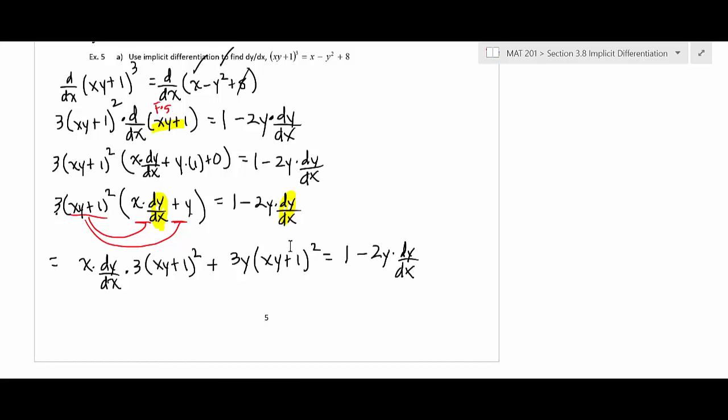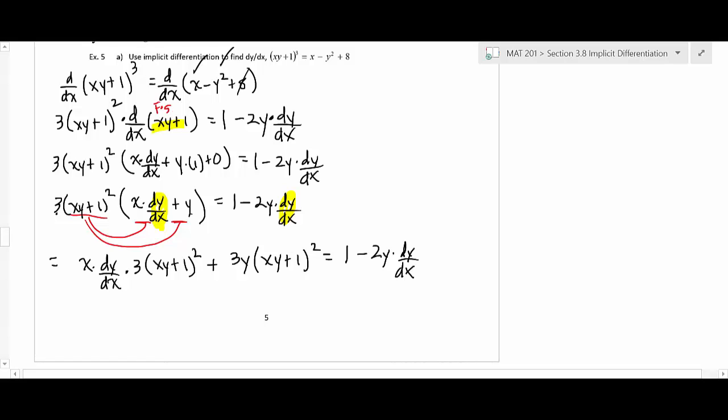I'm doing a distributive property, so I'm multiplying that whole thing, then I'm multiplying that whole thing. You see? So you're doing 3 times the xy? Yeah, right here. Okay. See, I'm doing a distributive property inside that. So I've got a 3, I've got an x, I've got a dy over dx, and I've got that. Okay? It doesn't matter what order you put it in. I just put it in that order. Okay? Doesn't make any difference.